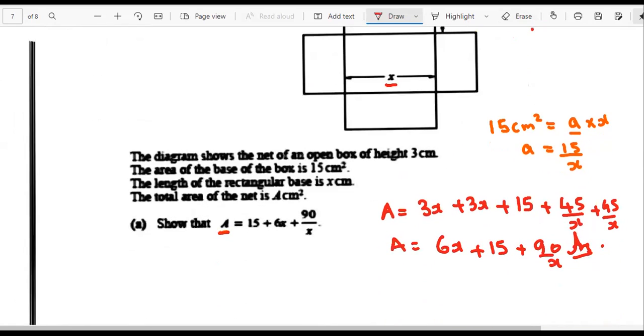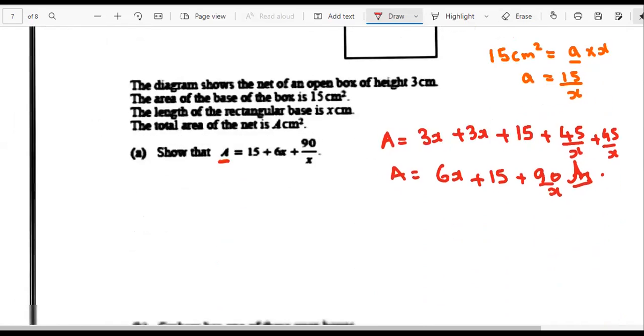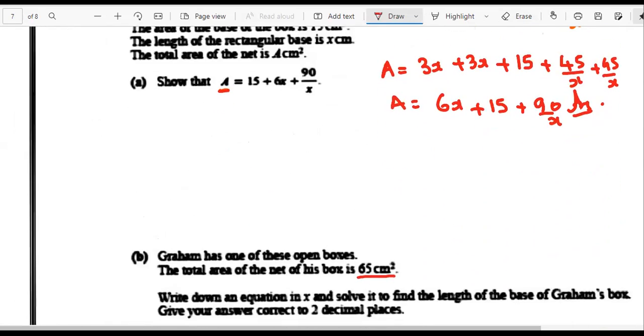You will just do 65 equals the total area. So that would be 65 equals 15 plus 6x plus 90 divided by x. And now you have an equation with one unknown variable only. You can simply solve this equation and find the value of x.